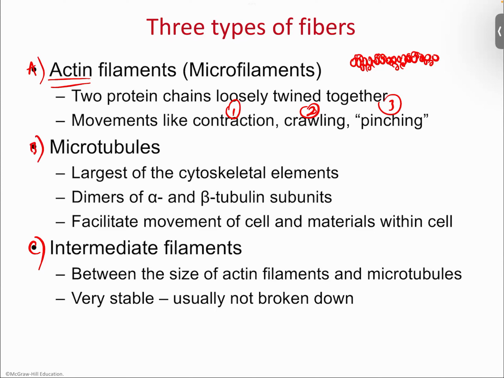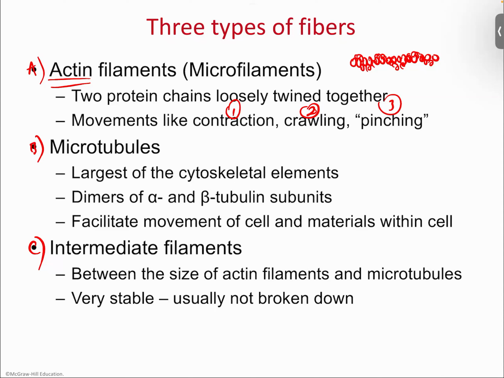Then you have microtubules. Microtubules are kind of like the big sexy one, if you will, right? This is the one that everybody wants to study. If you talk to a biochemist out there studying the cytoskeleton, most of them are studying microtubules. Not a lot of actin research. And microtubules basically are long cylinders made of two different types of protein called tubulin.